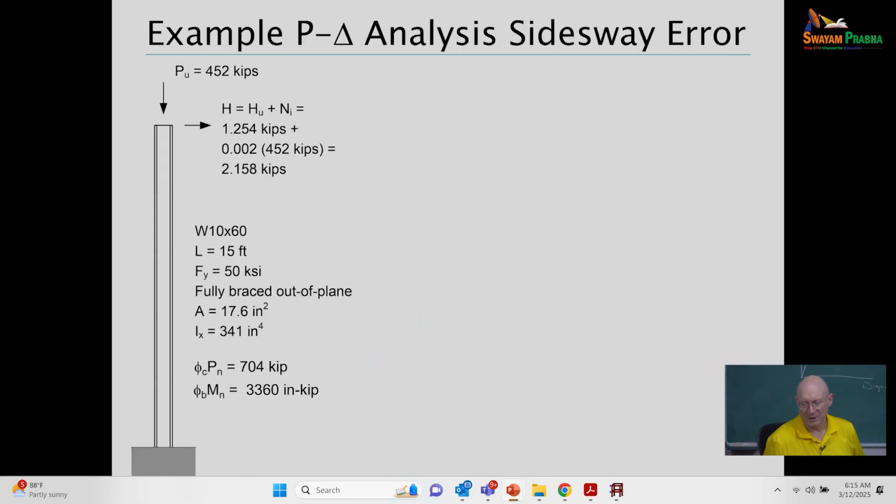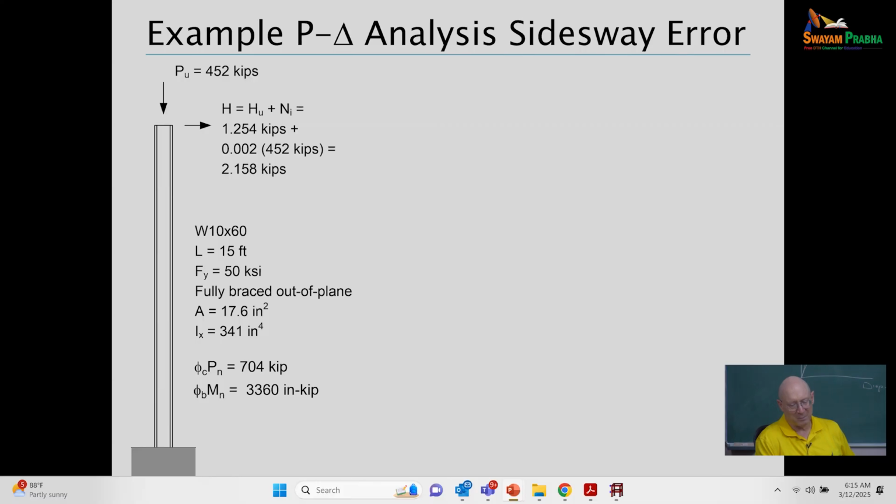Okay. Yeah, so this problem is basically a cantilever. Things like a cantilever, fixed in rotation, are when we get the most bending relative to the chord, and so the largest P small delta effects. This example is a little bit elaborate. It involves a lateral load and a vertical load on the column.